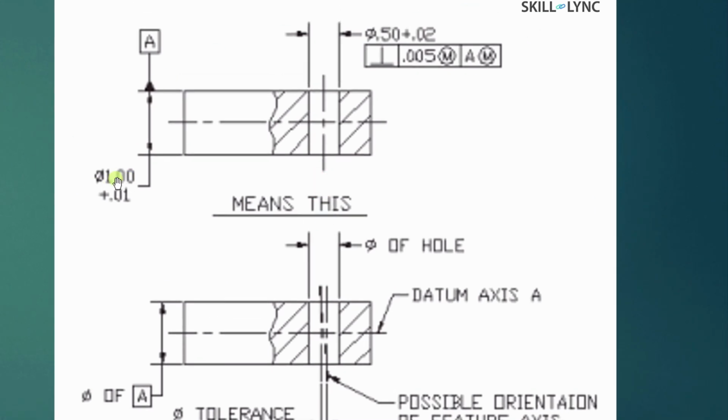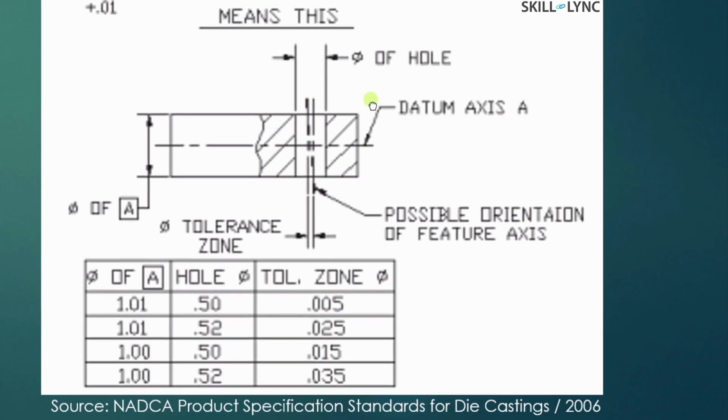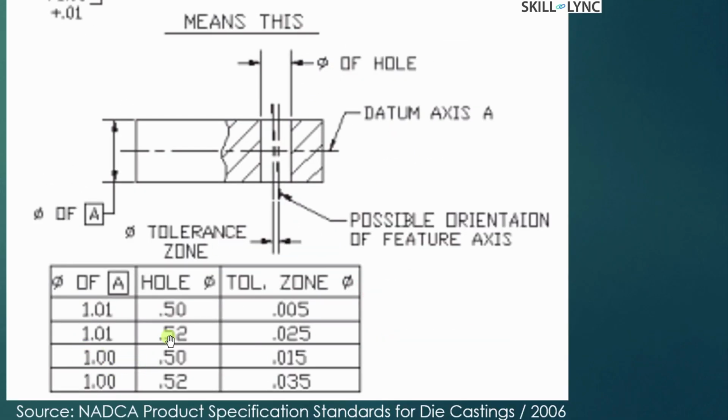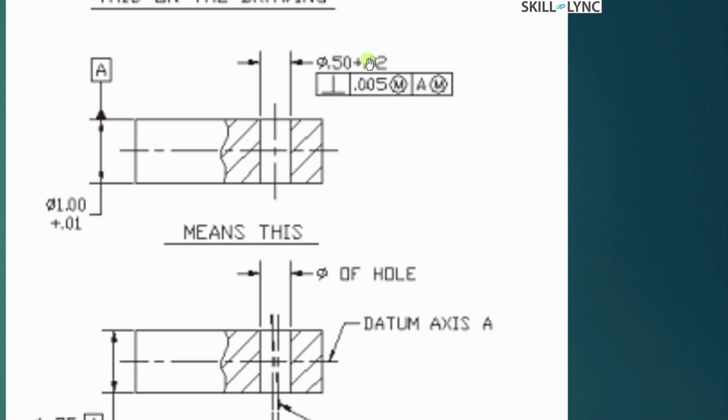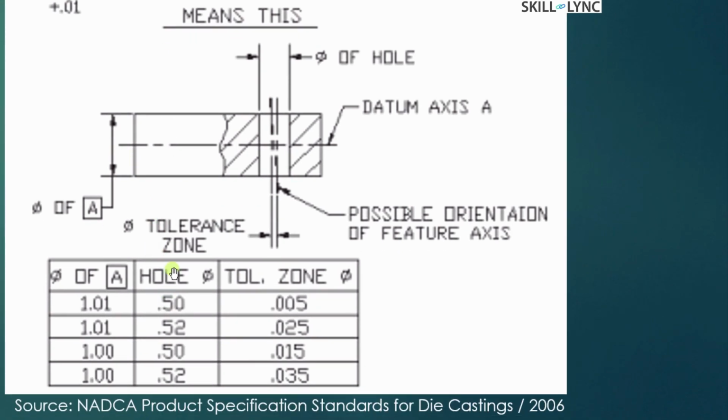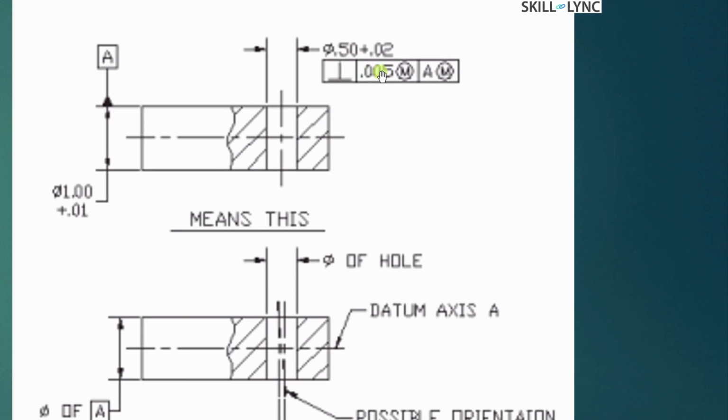For one condition, that is 1.00, applying the tolerance width here for the hole of 0.5, and then in the other case the hole of 0.52. So in those two cases of diameter of this datum plane axis and the hole diameter, the tolerance is going to vary 0.005.